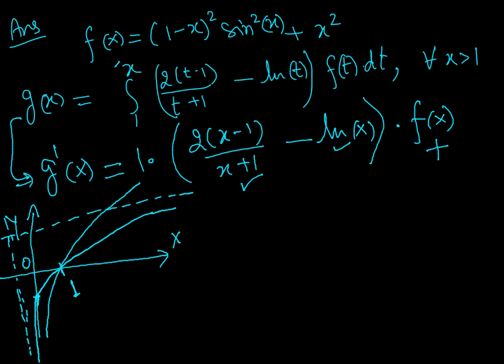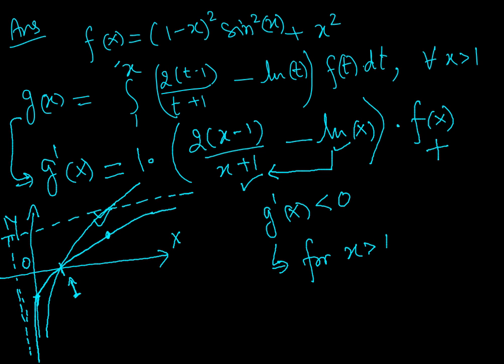Now I can see after 1, the ln x graph is always above the graph of this rectangular hyperbola, so ln x is always greater than this quantity. That would give me g'(x) as negative, because the other factor is always positive or 0. This implies for x greater than 1, g(x) will be a decreasing function.